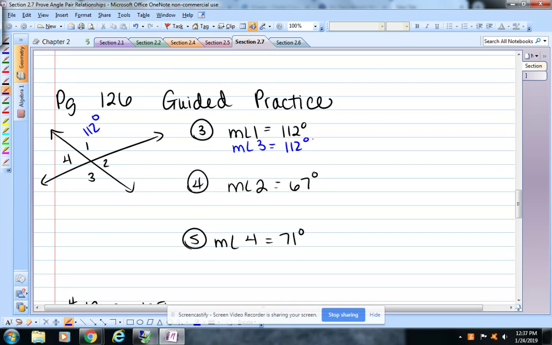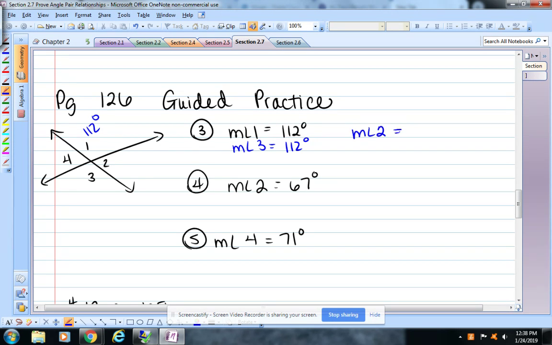Okay. Well, we also can see that angle 1 and angle 2 form a linear pair. And things that form a linear pair are also supplementary. That means they sum together to make 180 degrees. So, if I want to find the measure of angle 2, it is supplementary to angle 1.